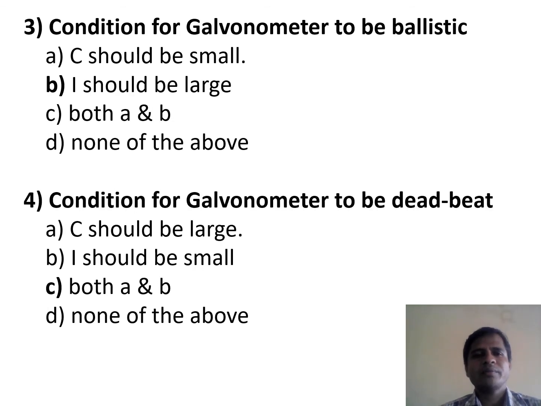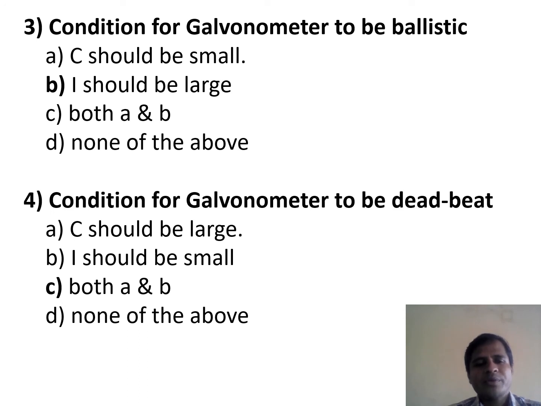Question number 3, the condition for galvanometer to be ballistic. We have four options. Out of these, the second option, that is B, is correct: I should be large. For galvanometer to be ballistic, the moment of inertia I should be large. So the correct answer is B. Question number 4, the condition for galvanometer to be deadbeat.